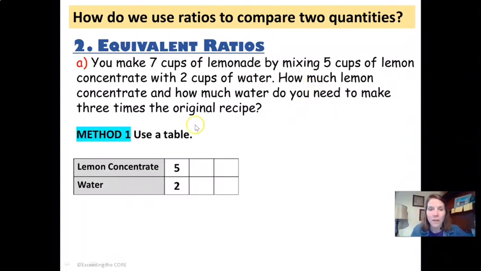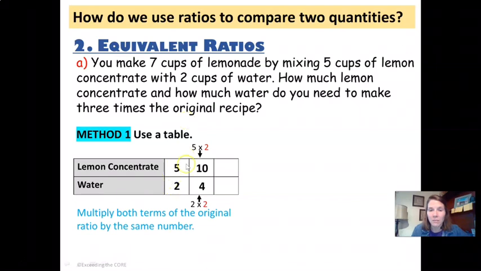We can set it up with lemon concentrate and water, 5 to 2, and then we can multiply times 2 to find out what it would be if I had 2 times the recipe, and multiply both the top and the bottom times 3 to find out what it would be if I have 3 times the recipe. So 5 times 2 is 10, 2 times 2 is 4, 5 times 3 is 15, and 2 times 3 is 6.